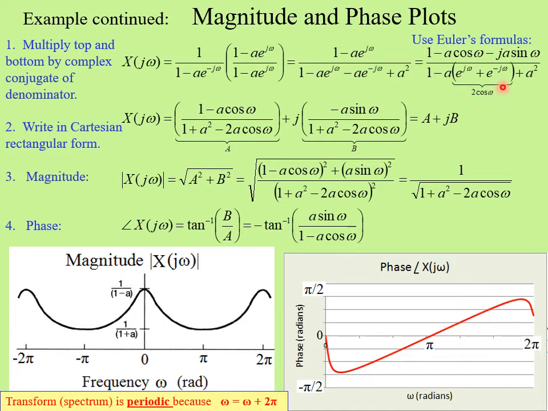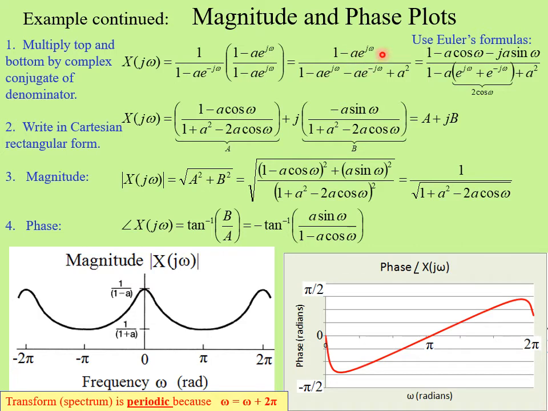Again, this is stuff going all the way back to chapter 1. So this denominator on the bottom can be written as 1 plus a squared, that's this first and last term. And then we have minus 2a cosine omega. That's this part in here.